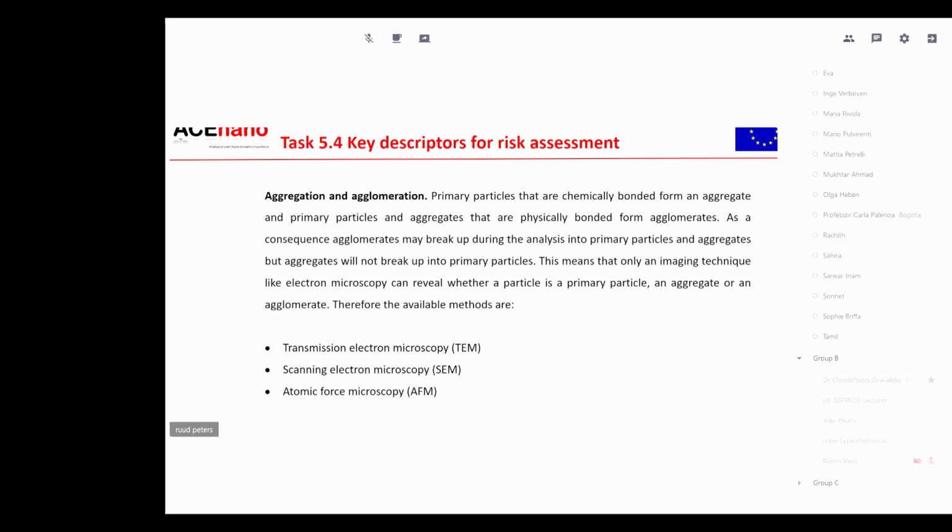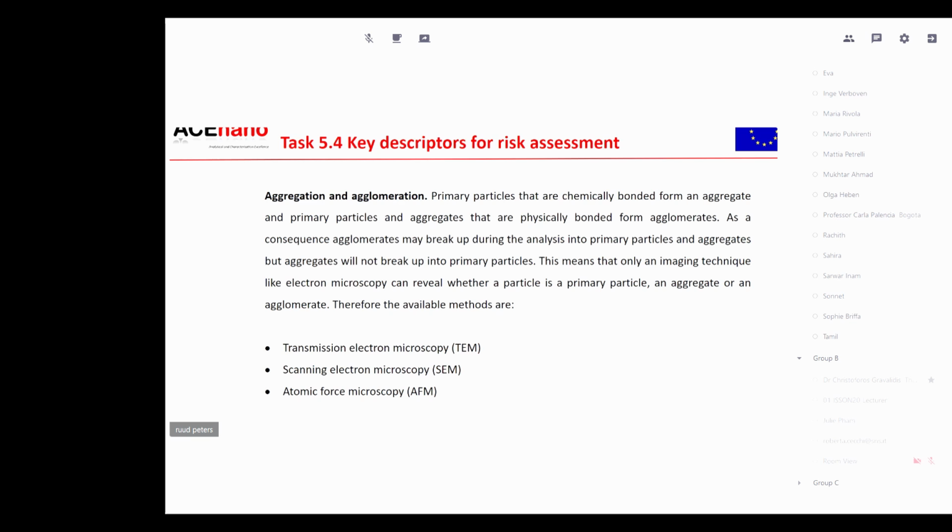Another key descriptor was aggregation and agglomeration. Primary particles that are chemically bonded form an aggregate, as you know, and primary particles and aggregates that are physically bonded form agglomerates. As a consequence, agglomerates may break up during the analysis into primary particles and aggregates, but these aggregates usually do not break up into primary particles. And so if you measure these aggregates, for instance, with single particle ICP-MS, then in general, your method will tell you that you have a large particle, instead of that they are actually aggregates of small particles.